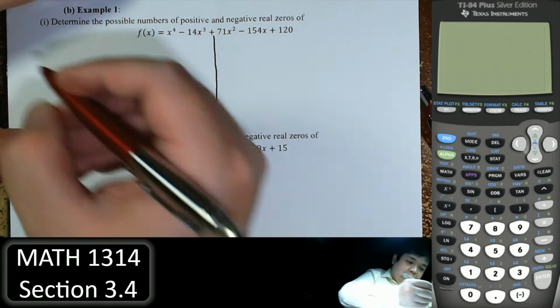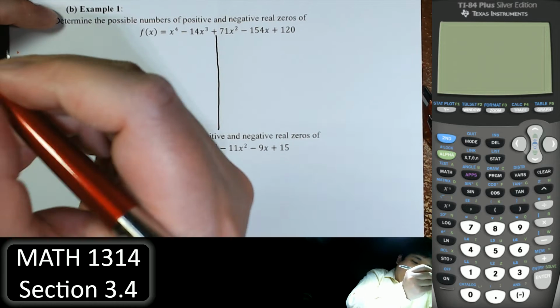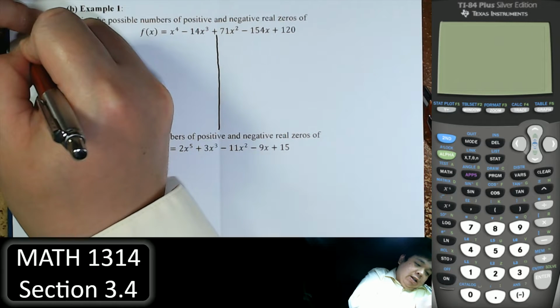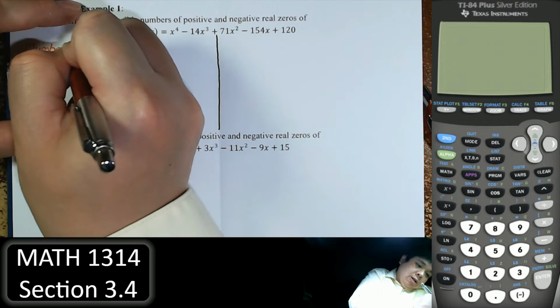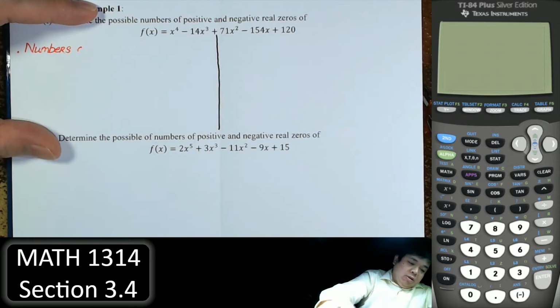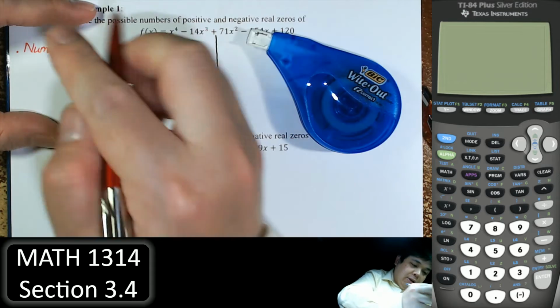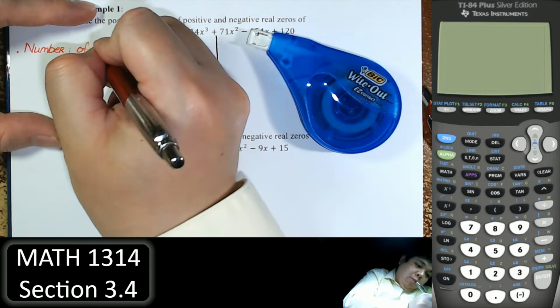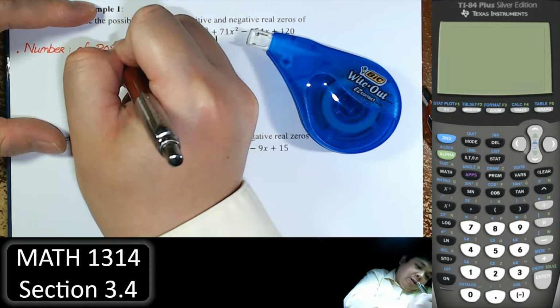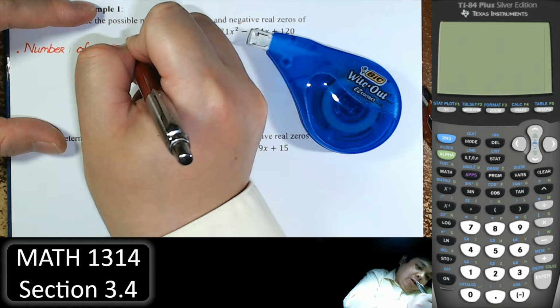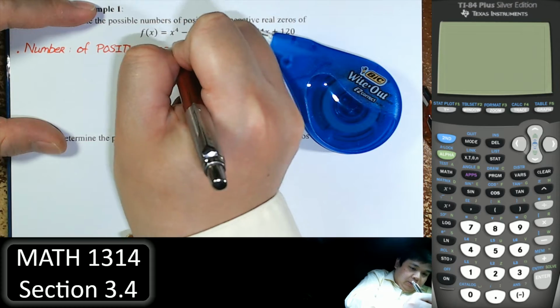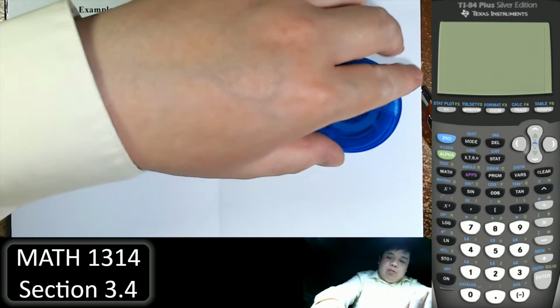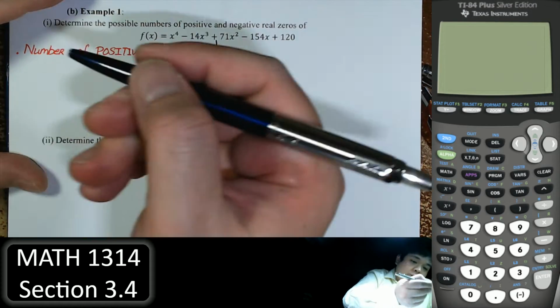So first we'll list the number of positive zeros. I'm just going to rewrite the polynomial.